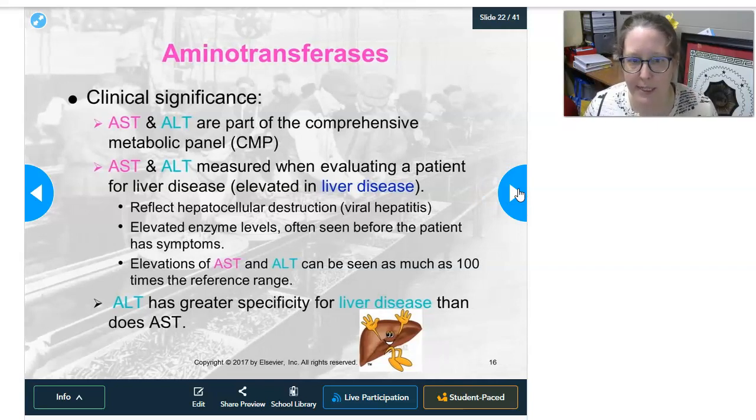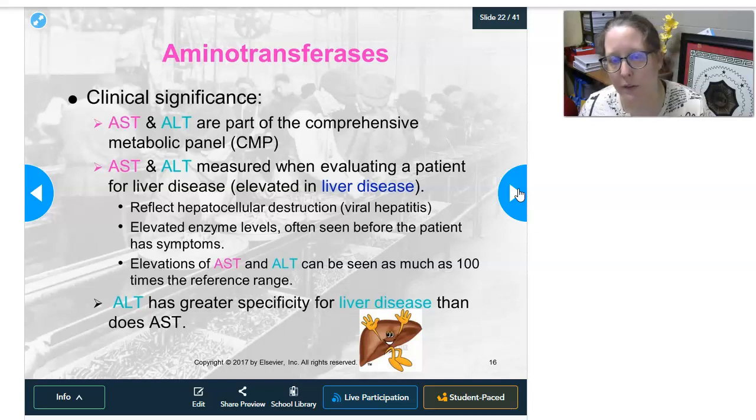So again, AST and ALT are part of that comprehensive metabolic panel and also part of the liver function test. And AST and ALT are measured when you evaluate a patient for liver disease. That's really their primary function because they're expected to be elevated in liver diseases. They reflect hepatocellular destruction, such as that caused by viral hepatitis.